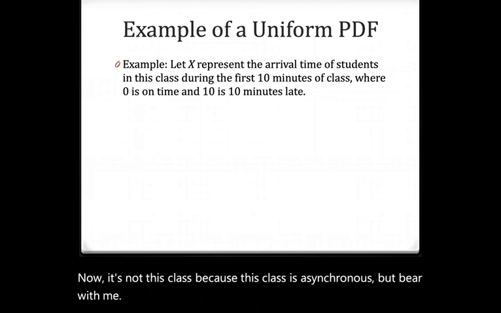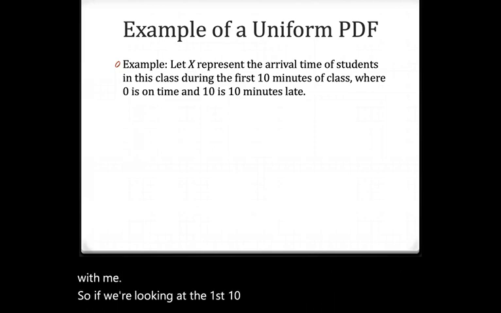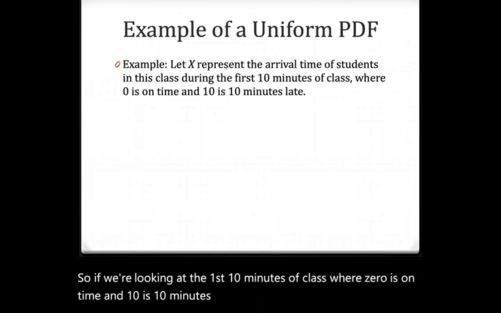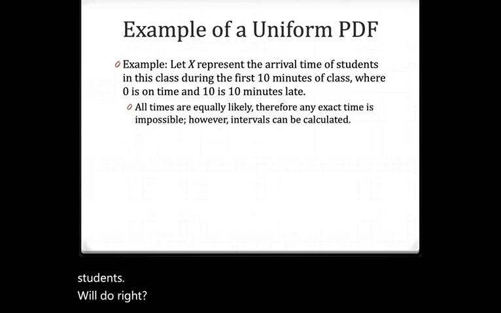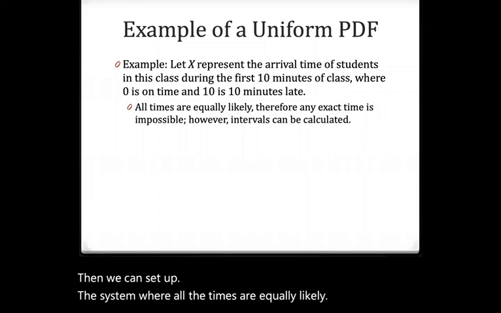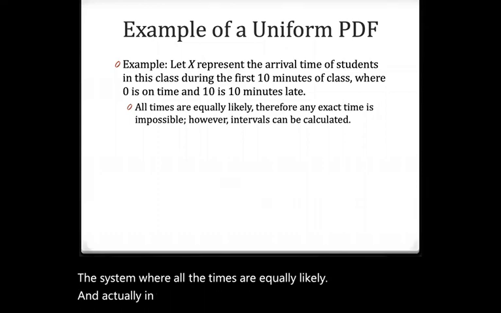So if we're looking at the first 10 minutes of class, where 0 is on time and 10 is 10 minutes late, and those are the only things that students will do, right? Then we can set up the system where all the times are equally likely, and actually an exact time is impossible, but you can calculate intervals.